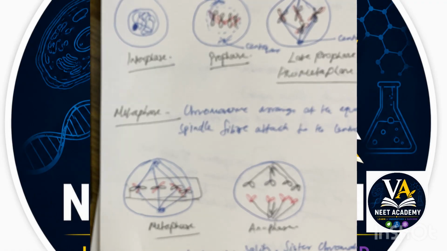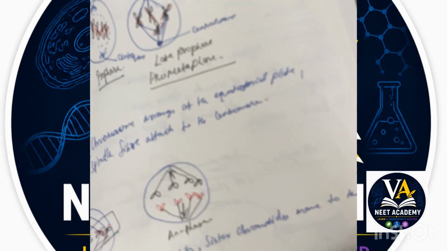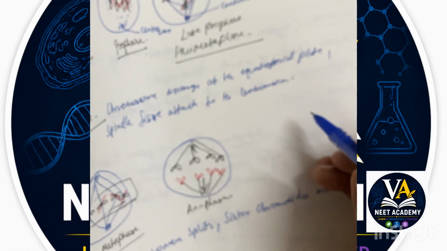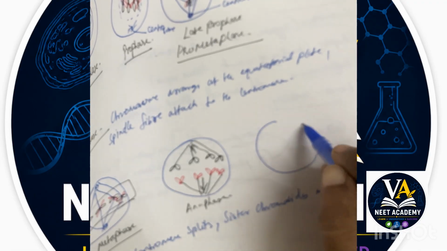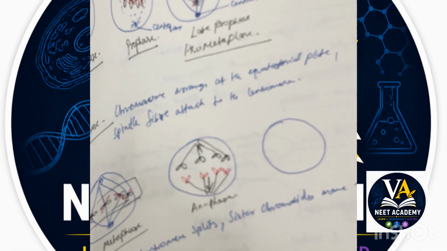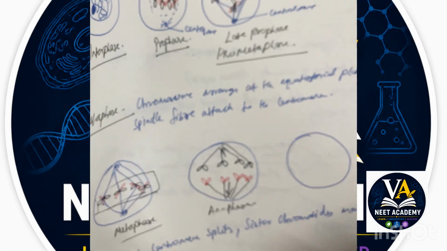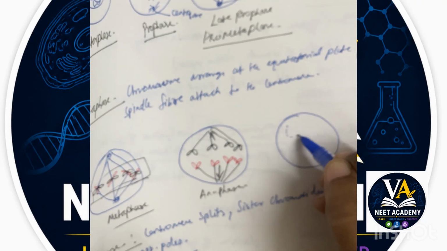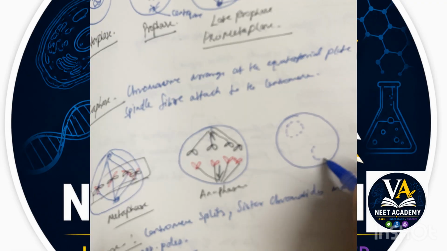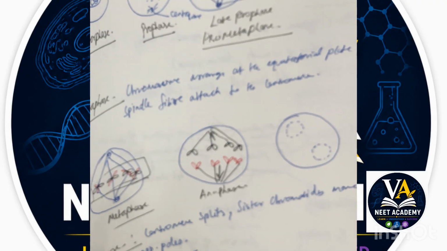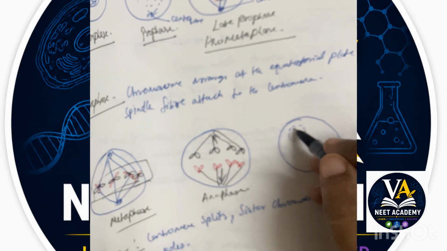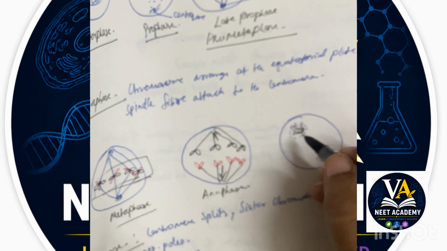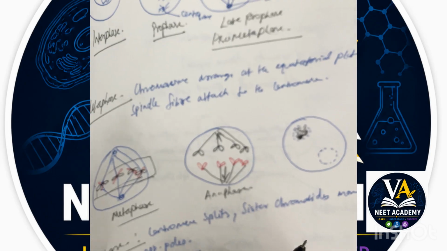So let us try and draw the telophase stage cell. So the cell is here. Okay. So there is the reappearance of the nuclear membrane, and it has moved towards the pole. Okay. So one has received the chromatin, decondensation happens, so thread-like structure is formed, and nucleolus reappears, which is a darkly stained structure.